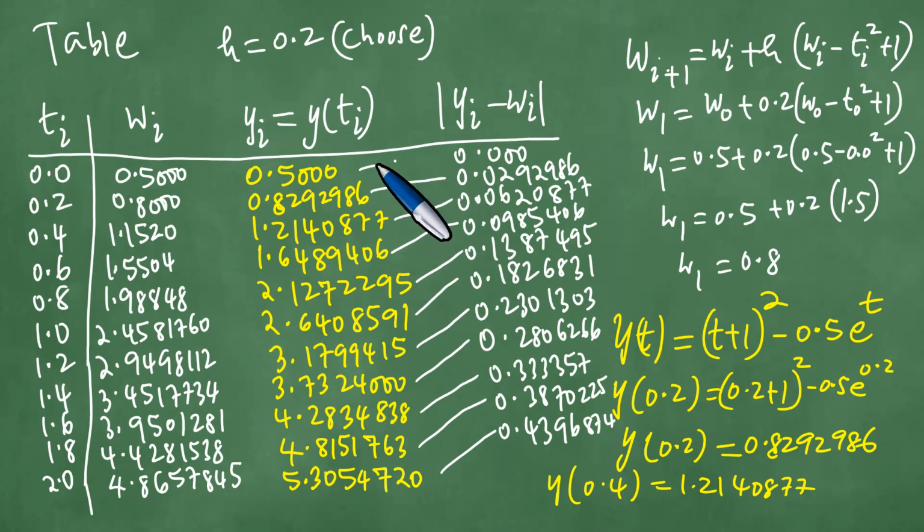Is it okay? Now, this is the comparison just to show that indeed Euler is not accurate. It does not give the exact value that you would get if you solve the actual differential equation and then find the accurate value of the function at a given value of t.